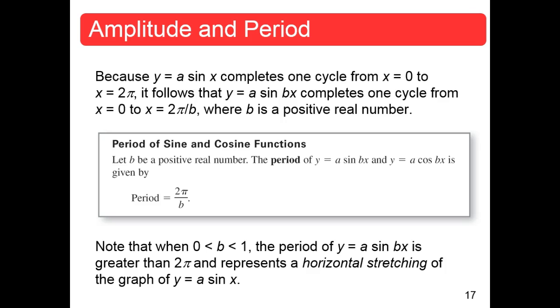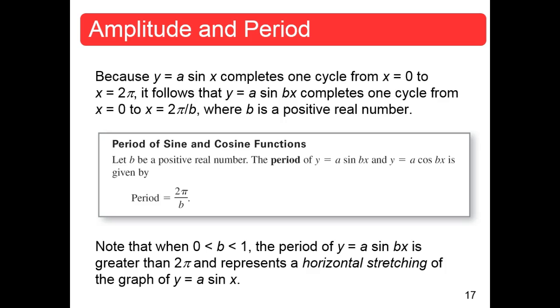In other words, one cycle is bx from 0 to 2 pi, so x would be 0 to 2 pi over b. I really don't like that way of expressing it, but it's perfectly correct.